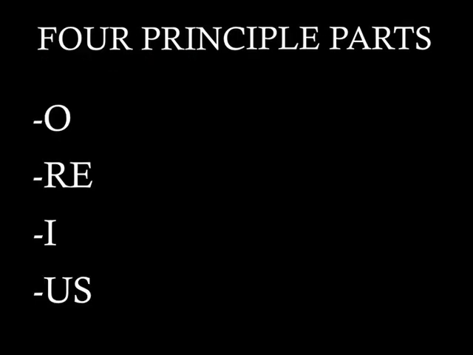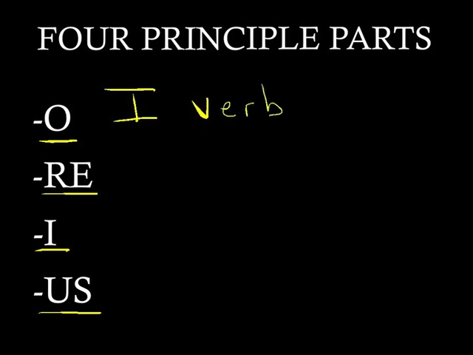So for basic regular verbs, they almost always have 4 principal parts that end in O, RE, I, and US. The O form of the verb is the I form. It's the present tense. If I wanted to say I verb of any verb in the Latin language, you can just copy that first form down.